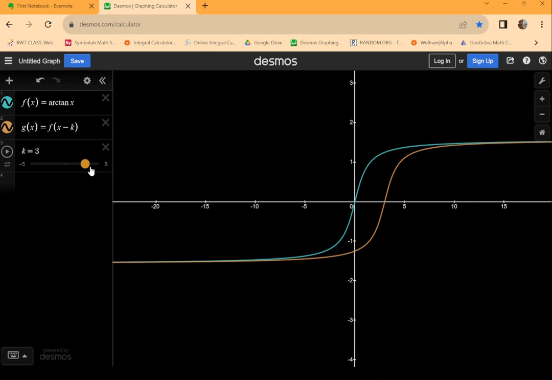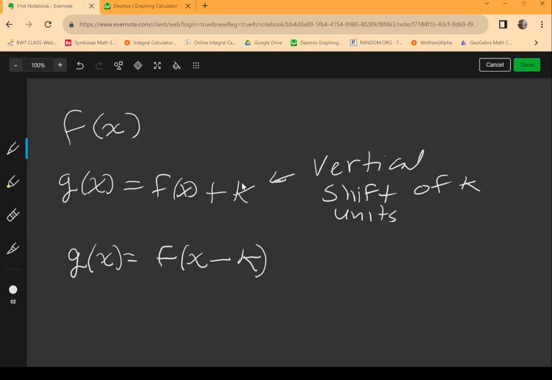Along the horizontal, notice that this is much different than the previous one, where we went up and down. Here, we're moving all values along the horizontal. The reason for that, as we can see here, is that when the k is outside the f of x, I essentially evaluate f at x, and then add a value, or subtract if it's negative, which is why it moves along the vertical.